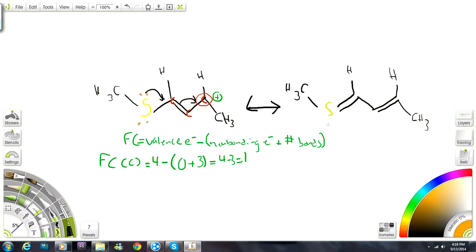But there's also still 1 lone pair left on this sulfur. But now there's only 1 lone pair left on this sulfur, because as is depicted with the curved arrow that is used in resonance, these electrons have been moved down from this atom and on to this bond here, creating a double bond between the sulfur and the carbon.